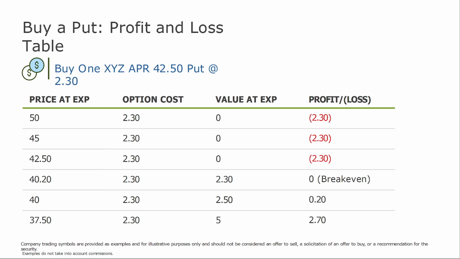And everything after that is going to be a profit for us, for example with 40 or 37.5. So everything below 40.20 is going to be a profit for us. Everything above 40.20 will be a negative for us. And the maximum loss that we are going to have is from 42.5 upwards.